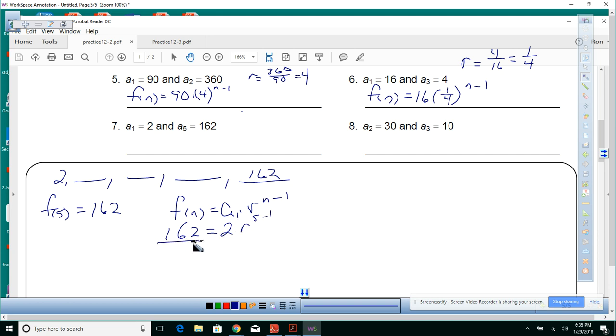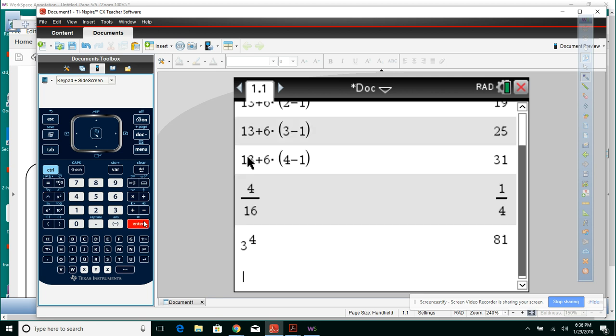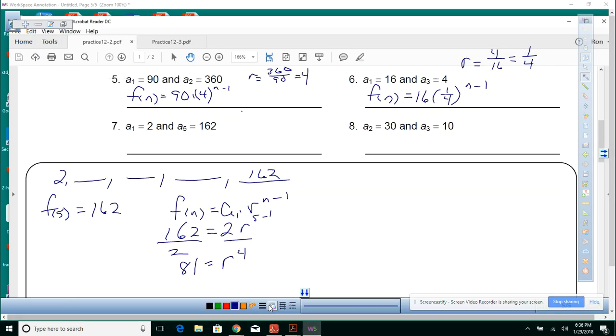If I divide both sides by 2, that gives me 81 equals r to the 4th. What to the 4th power equals 81? Let's see here. 3 caret 4. There's 81. Good deal. So 3 to the 4th equals r to the 4th. So 3 equals r.